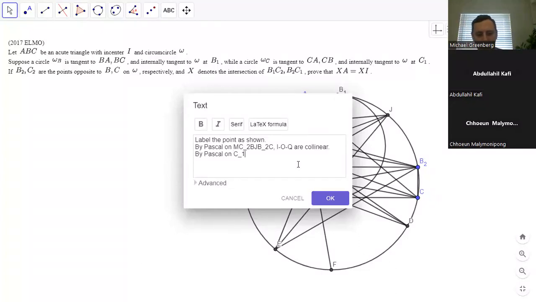On C1, MC2, B1, JB2, P, Q, and X are collinear. By Pascal on C1, ME, B1, JB. We have P, O, and I are collinear. And then this means that I, O, and X are collinear.